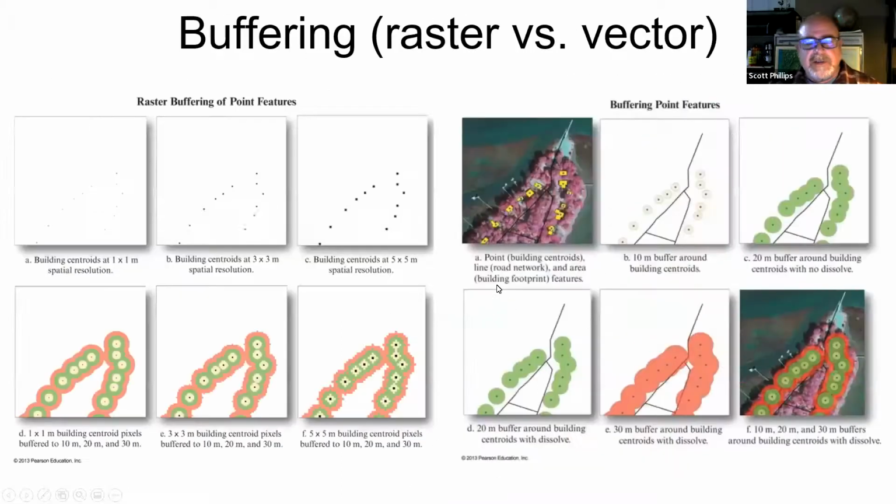But first, let's talk about buffers. We talked about buffering vector data, and it's worth mentioning that raster data can be buffered as well. But the output is going to be raster instead of vector. So we had an example with vector data of points being buffered by a certain distance of 20 meters, 30 meters, and so on.